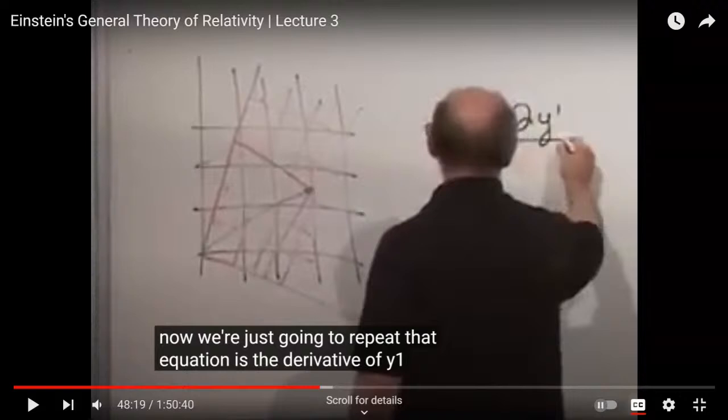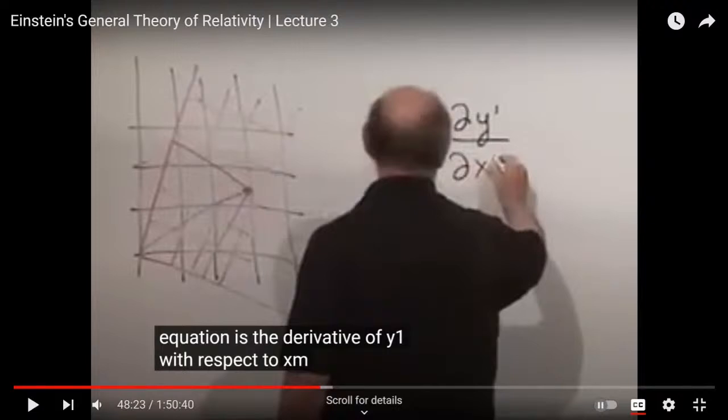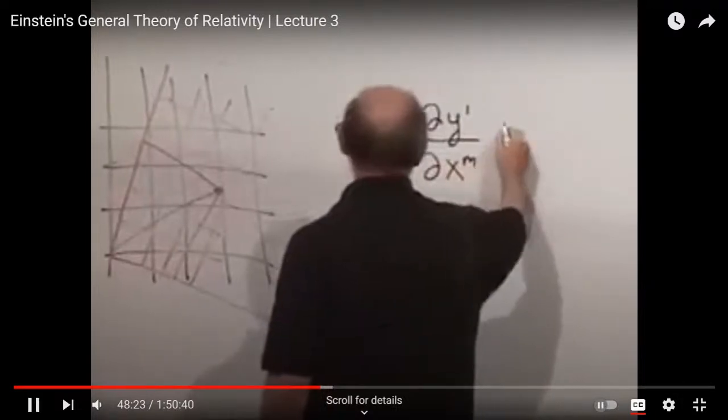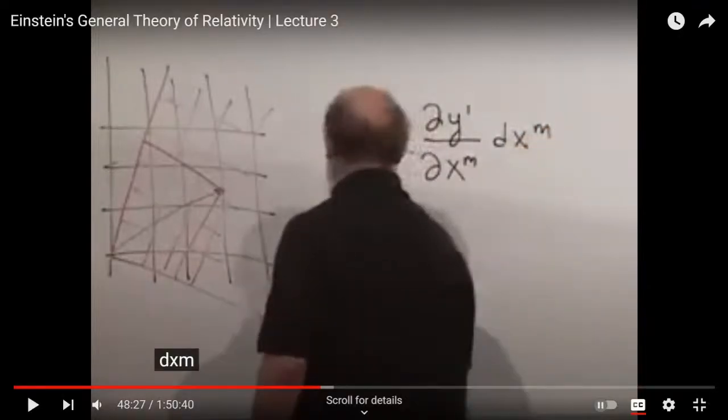So partial y1 relative to partial xm, multiplied by total dxm. So regular dxm. And that's already a summation over all m's: 1, 2, 3, 4. That's how the coordinate changes.